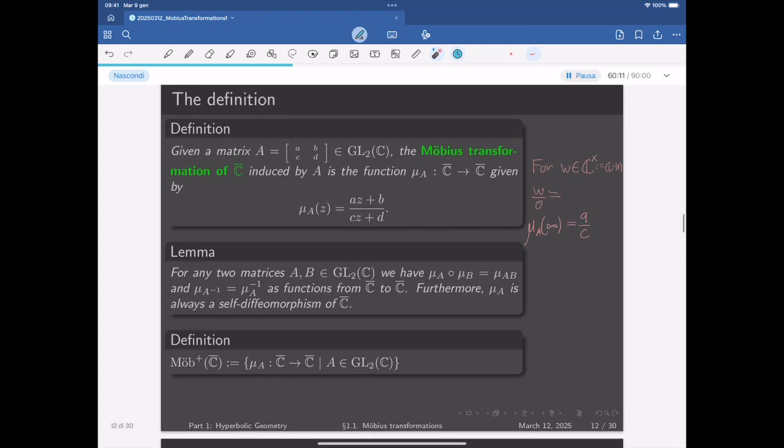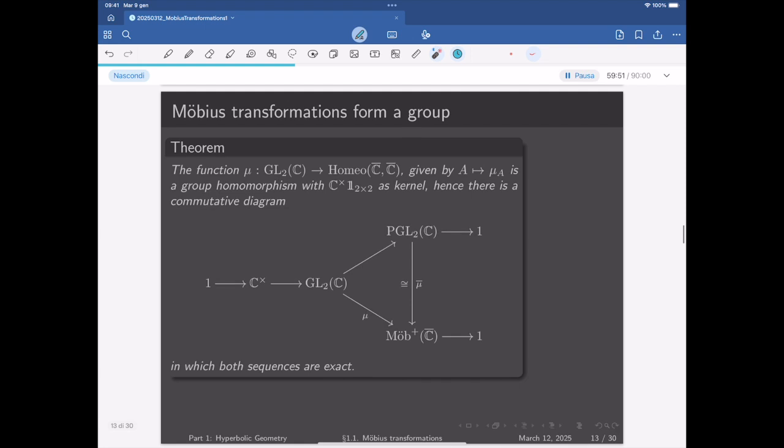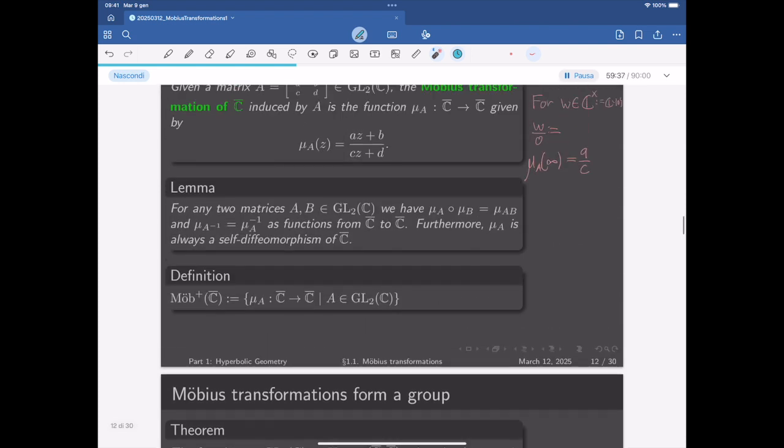Just in case I mention that, I will probably use this notation for that other notion when orientation is not preserved. So the thing is, I have the function that goes from GL2C to this set of functions that I just defined, which is closed by composition because of this, and closed under taking inverses.